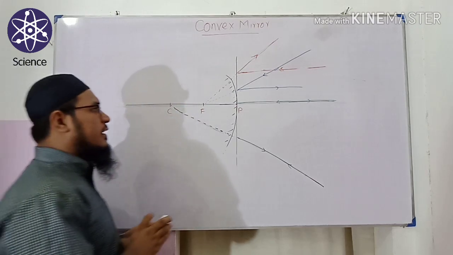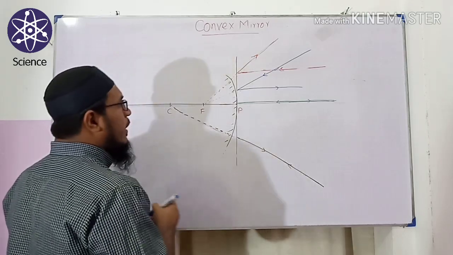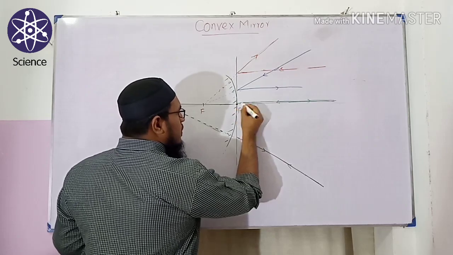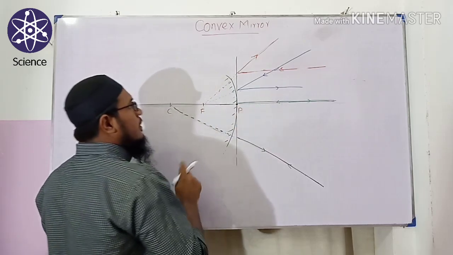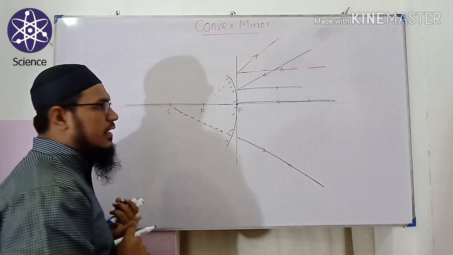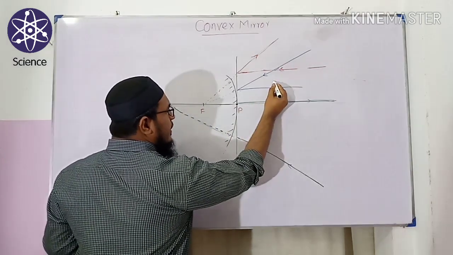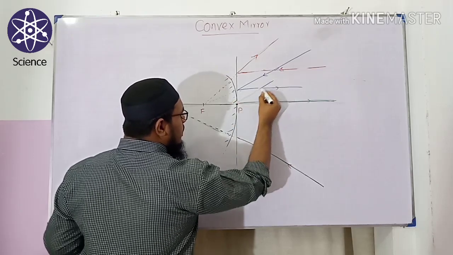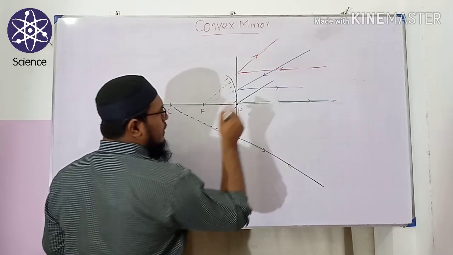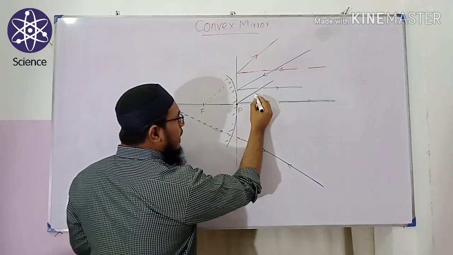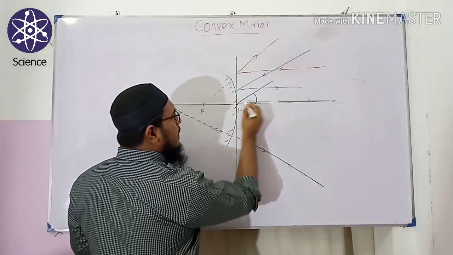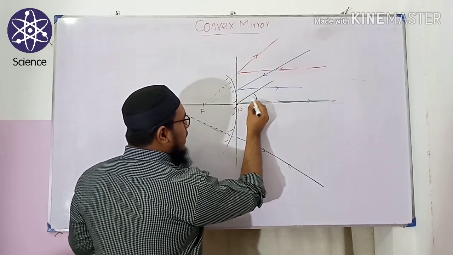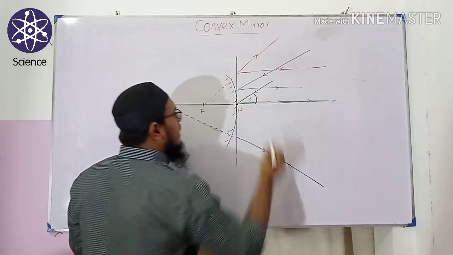And the final theory is when a ray travels towards the pole point. Even in the concave mirror it is the same thing. When a ray travels towards the pole, then it makes an angle with the principal axis. That we can call the incident ray.